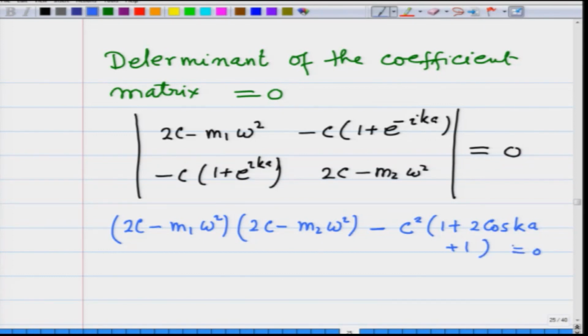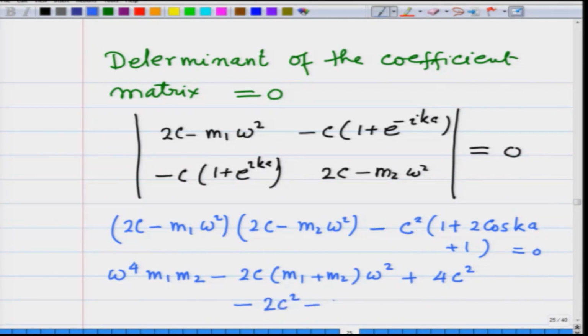is equal to 0, or omega raised to 4 m1 m2 minus 2c (m1 plus m2) omega square plus 4c square minus 2c square minus 2c square cosine of k a is equal to 0.